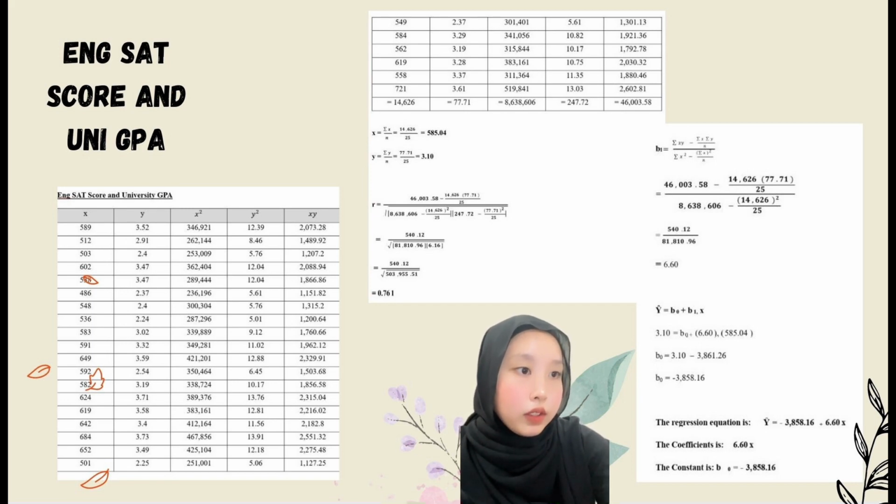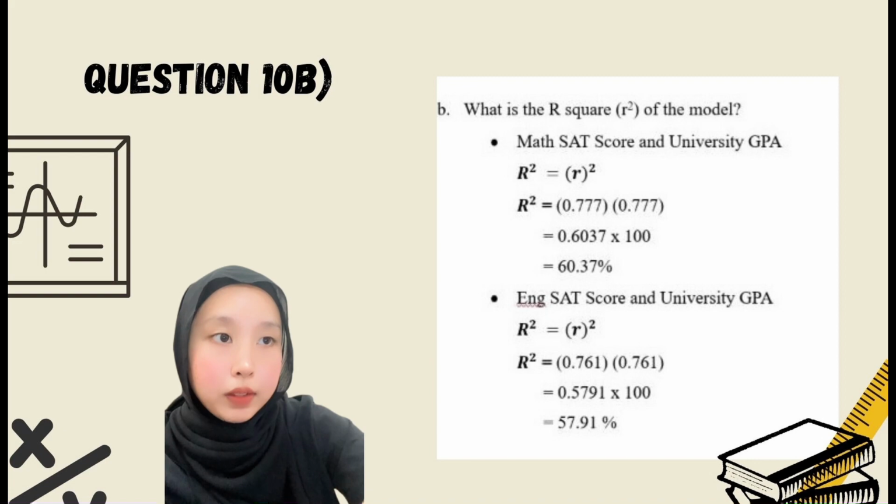So the regression equation I already list, and the coefficient is 6.60x. It comes from B1, and the constant comes from B0, which is negative 3858.16.